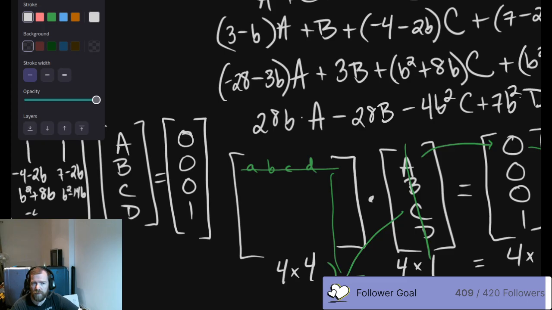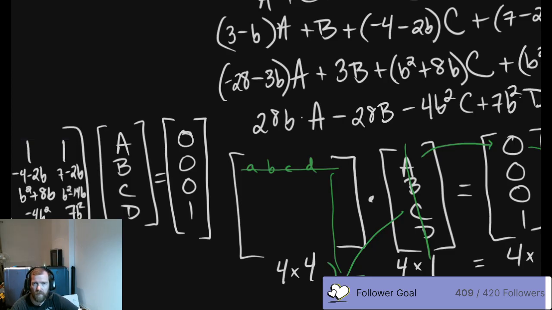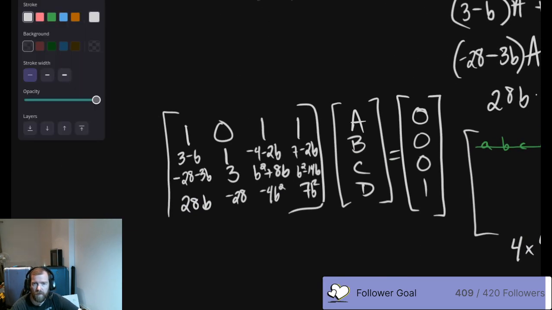Negative 4b squared and 7b squared. Right, and that is the system of equations that we're working with. It is a bit hard, but it is also possible to solve this in terms of b.